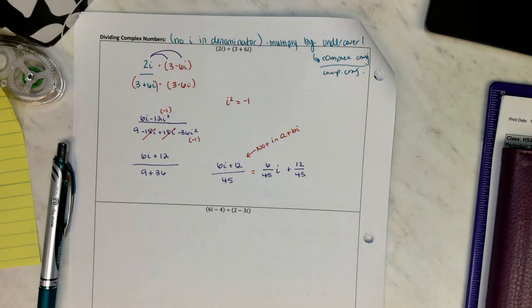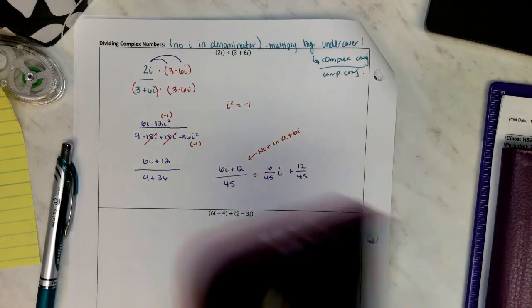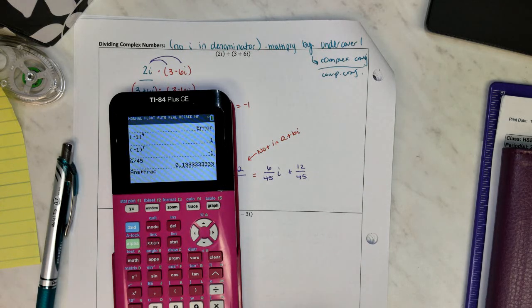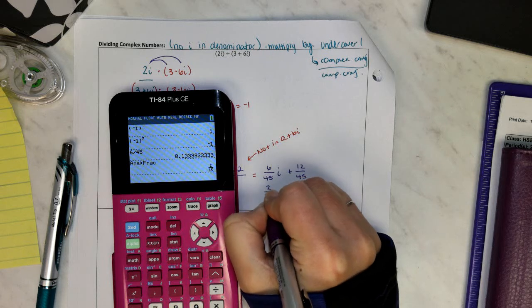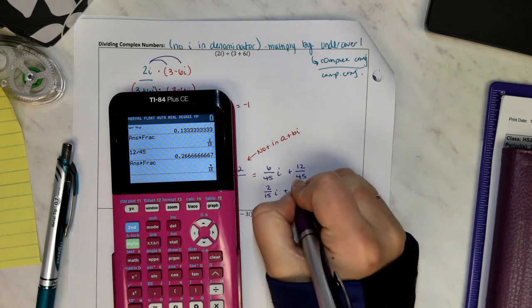It's still not in a plus bi form because it's in the wrong order. Also, we'll need to reduce these fractions. You can easily reduce the fractions right on your calculator. 6 divided by 45, hit math, fraction, that's 2/15. So we have 2/15 i plus 12 over 45 is going to reduce to 4/15.